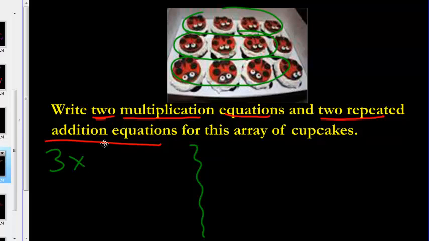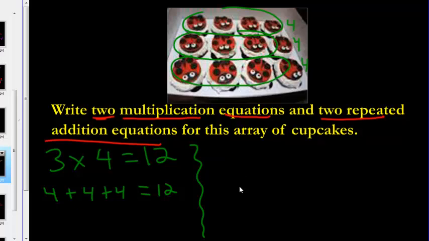And since there's 4 in each one, you would have said 3 times 4 and count them, you get 12. That's the first one. Let's write our first repeated addition now. Look, we have 4 here, 4 and 4. So we're going to write 4 plus 4 plus 4, and that's going to make 12. So we're done the first 2 here. Give yourself a mark if you wrote 3 times 4 is 12 and 4 plus 4 plus 4 is 12.